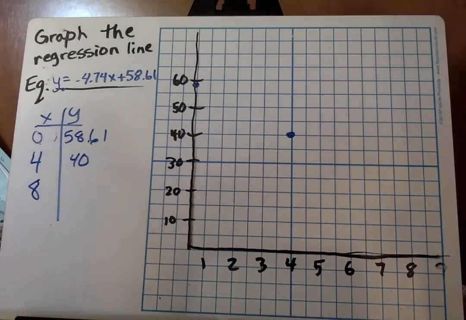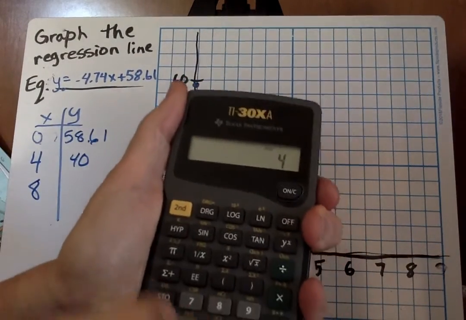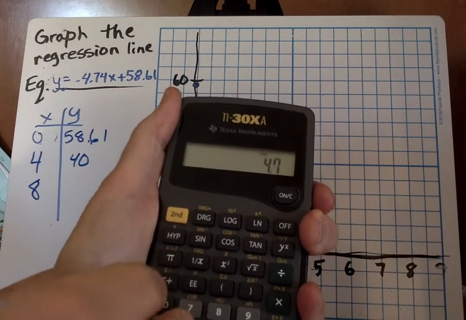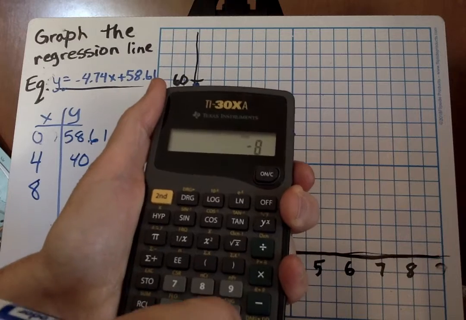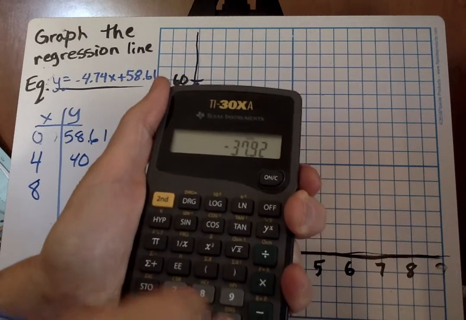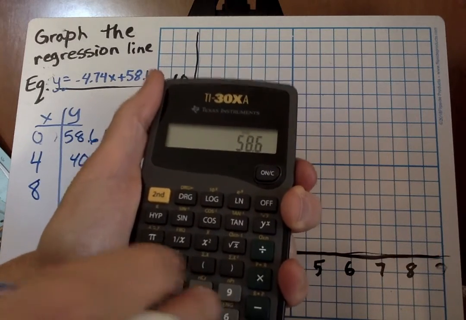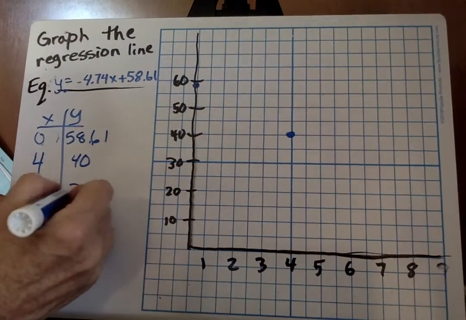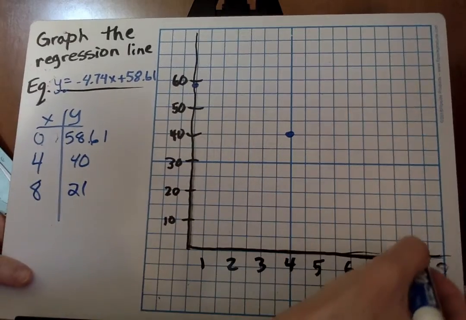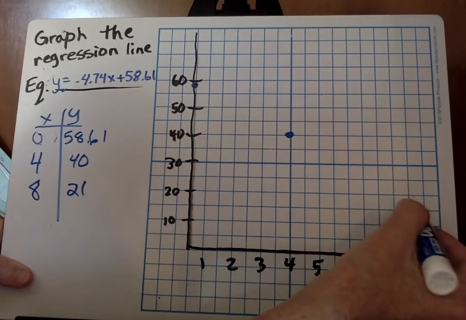Okay, and then I'm going to put 8 in there. Negative 4.74 times 8, plus 58.61. 20.69. I'm going to go ahead and put 21. So 8 and then 21 right there.